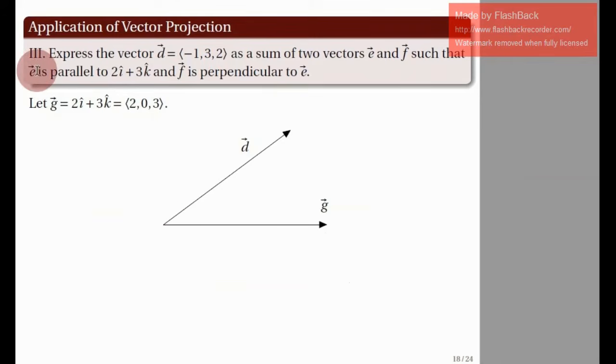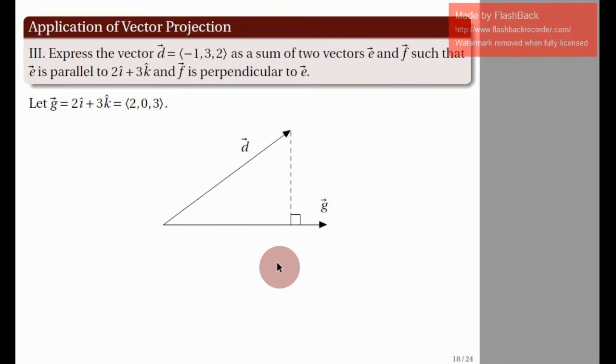Our goal is to look for a vector e that is parallel to our g. Now, we were able to meet a vector a while ago that is related to vector d, which is parallel to vector g. It may not be easy to think about, but the correct guess for this special vector is the vector created by making the tip of vector d fall onto vector g in a perpendicular way.